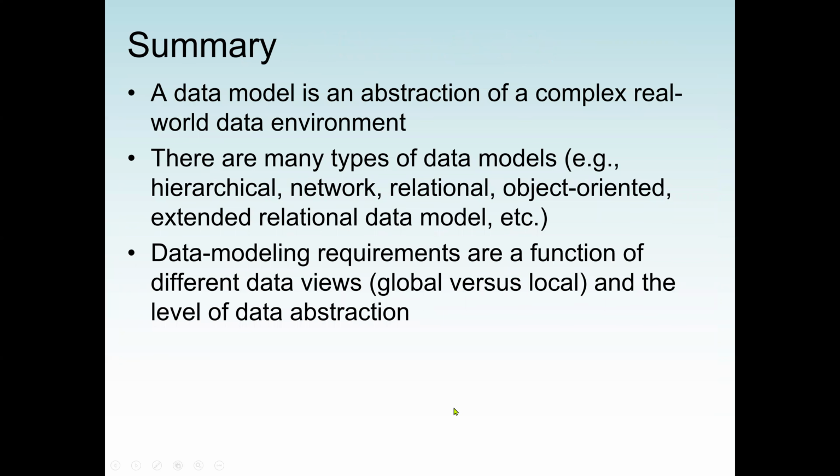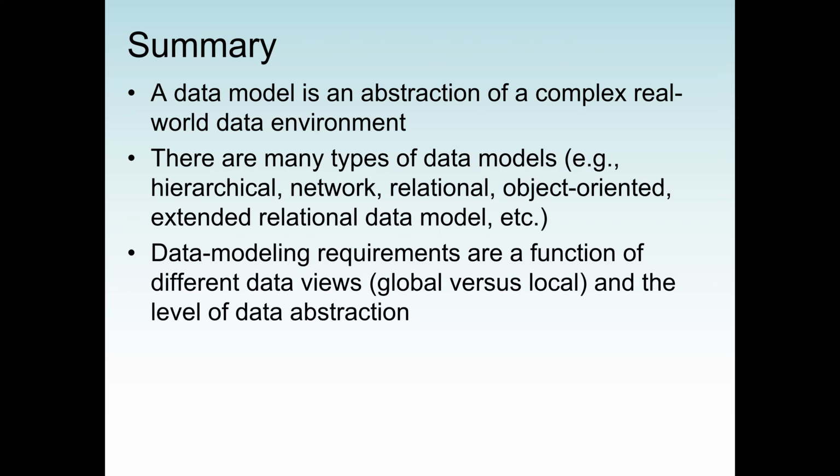So in summary, in these lectures, we went through what a data model is. A data model is an abstraction of a compressed real-world data environment. When we talk about the real-world data environment, we went through the most important concept here, which is using the ER diagram to design our data model.